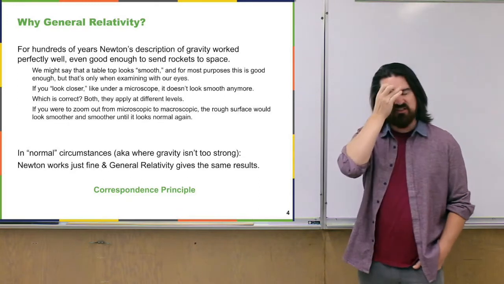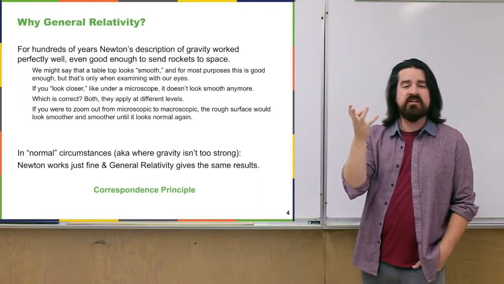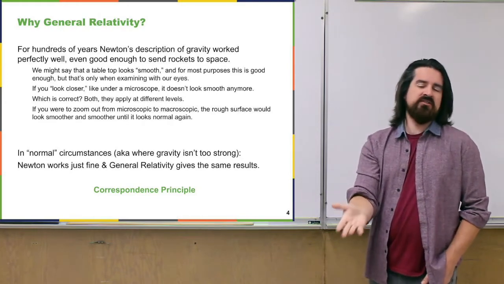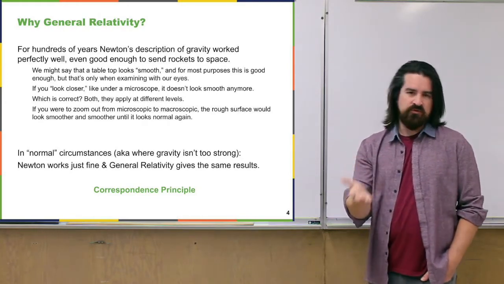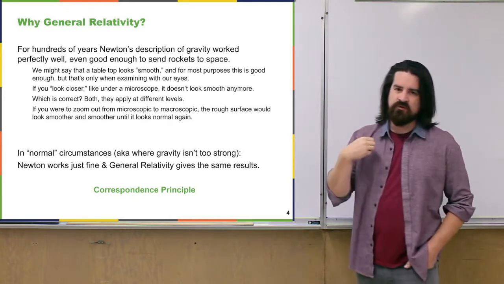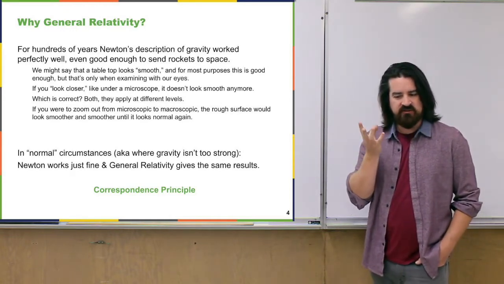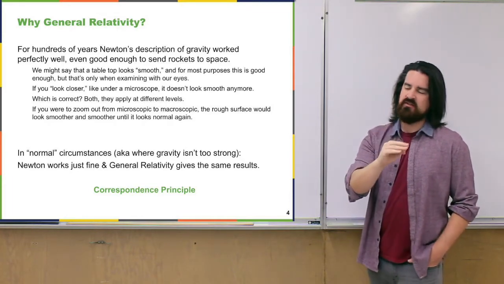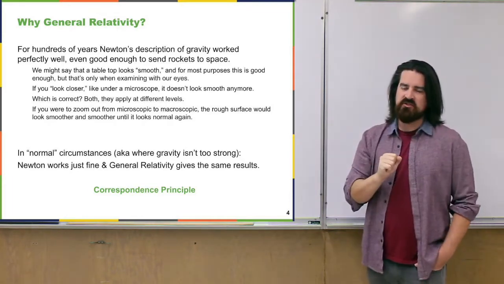So in that analogy, looking at this tabletop with our eyes is like Newton's description of the tabletop. It is still correct in its way when you are only concerned with looking at it at this level, but if you're interested in getting closer or looking in more detail, it turns out it's not so good anymore.